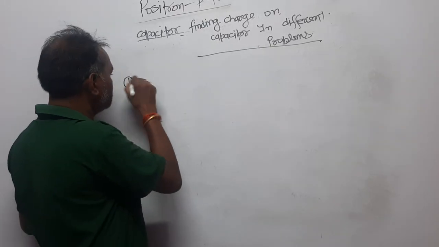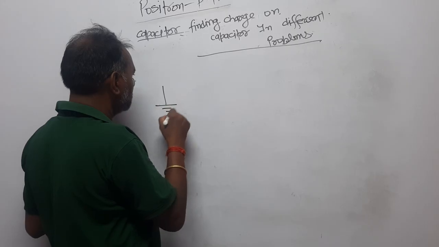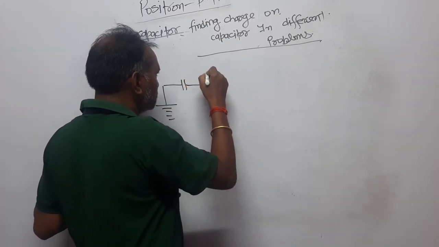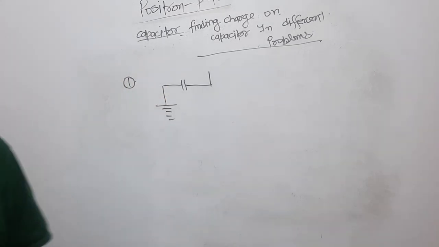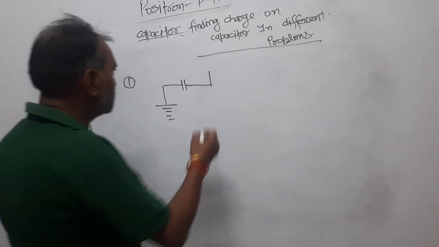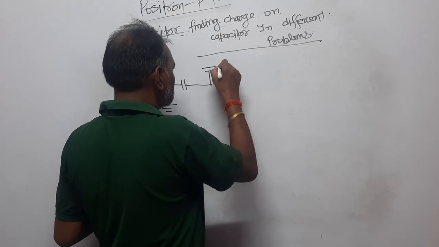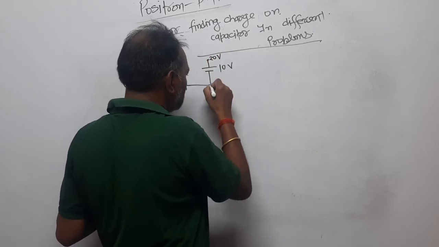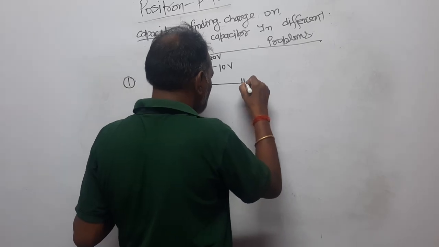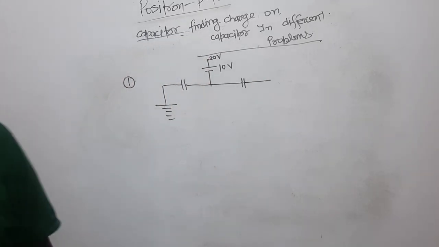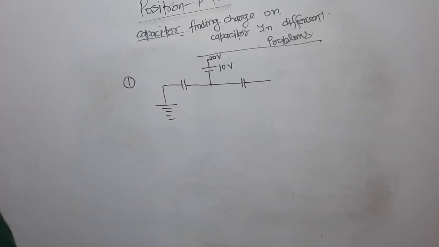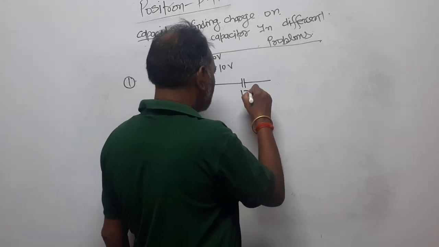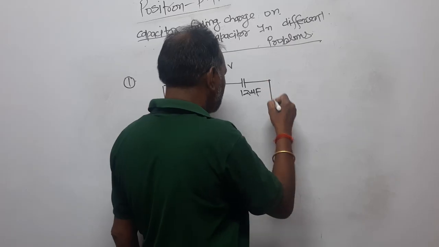The first problem is this: this is a ground, the 4 microfarad, the 10 volt, this 20 volt, this 12 microfarad.